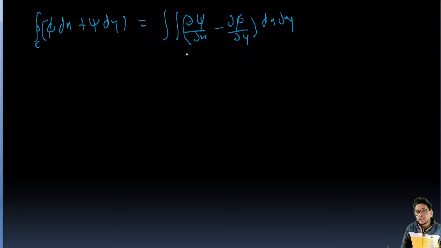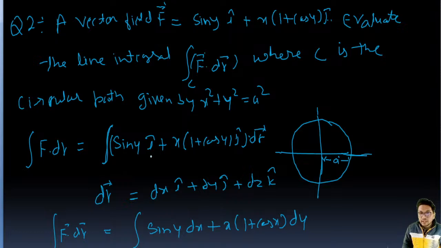So we'll apply this. The value of integration F dot dr is this I. So we'll write the double integration. Here phi is sin y, and psi is x into 1 plus cos y.